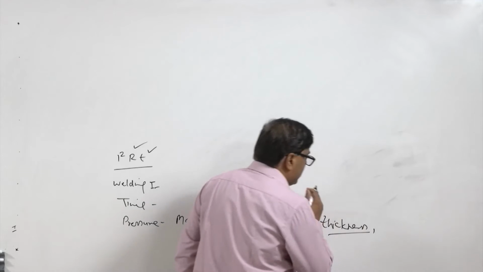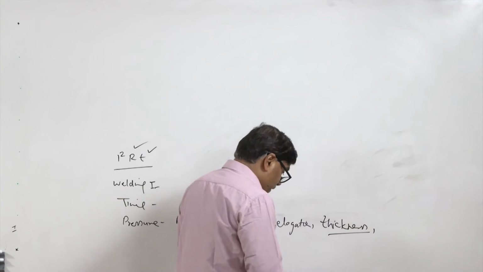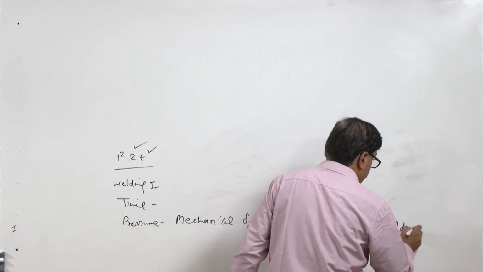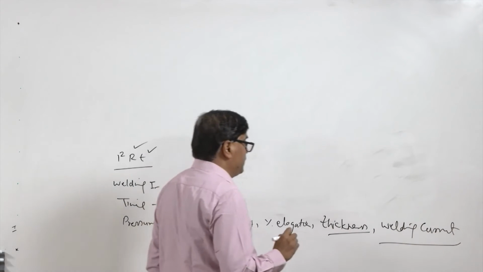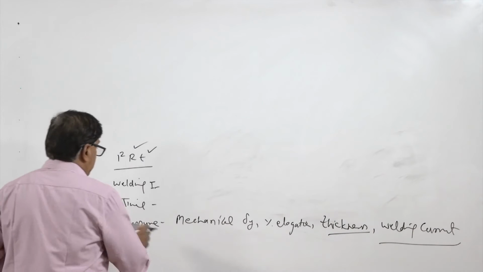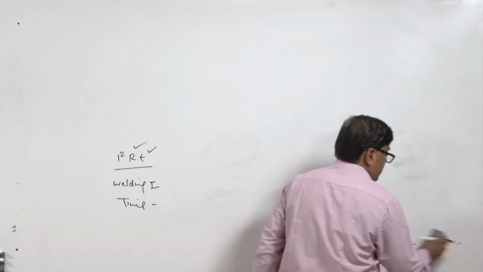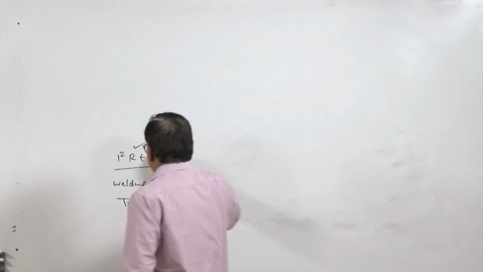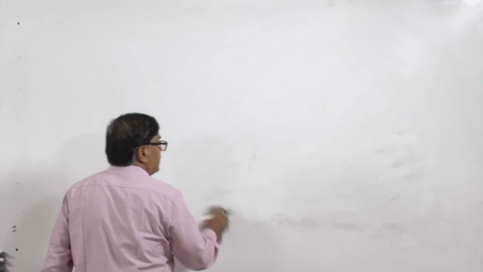Apart from this, the welding current which is to be used will also affect the time as well as the pressure to be used. So, these are the factors to be considered for selection of the pressure as well as the welding time and the welding current.